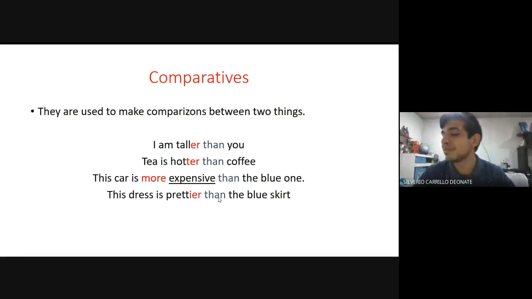So for example, the only thing you're going to do is go to Google, the Google searcher, and then search what are comparatives, and then you just get some information about how they are used and what they are used for.